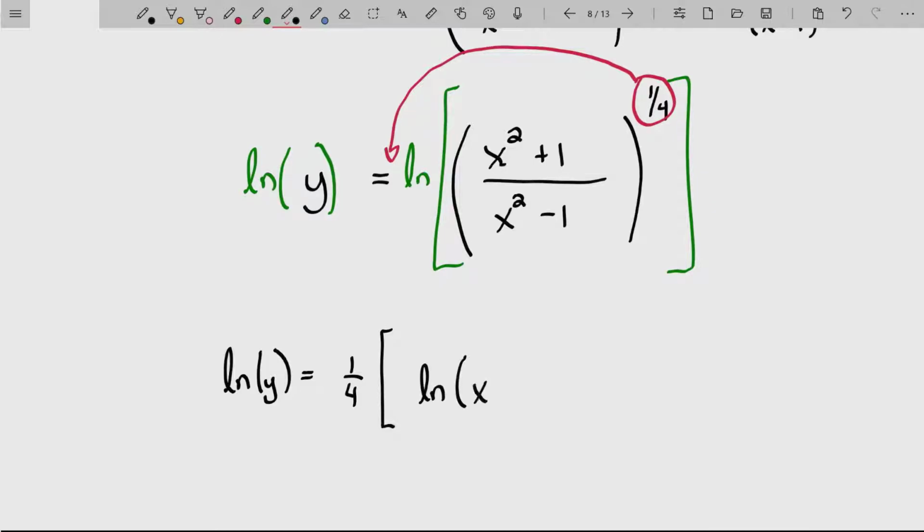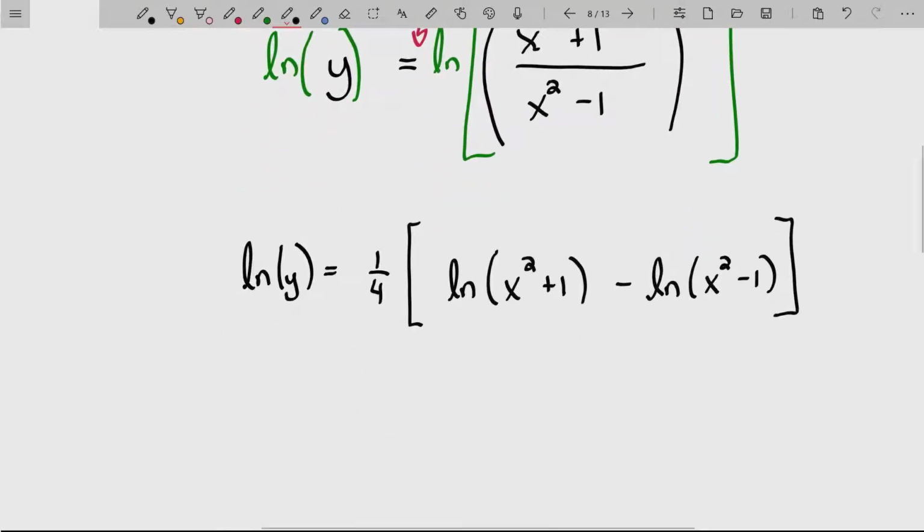So natural log of x squared plus 1 minus the natural log of x squared minus 1. That is very advantageous because the derivatives of these pieces are much easier to work with. In fact, you can even multiply both sides by 4 if you wanted to. So we could do that.